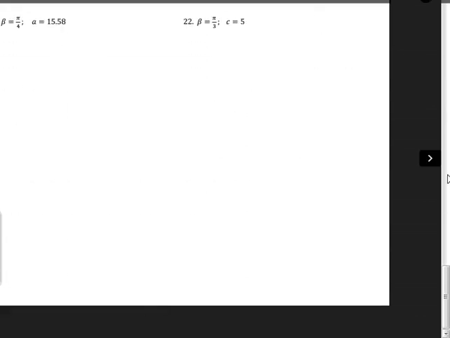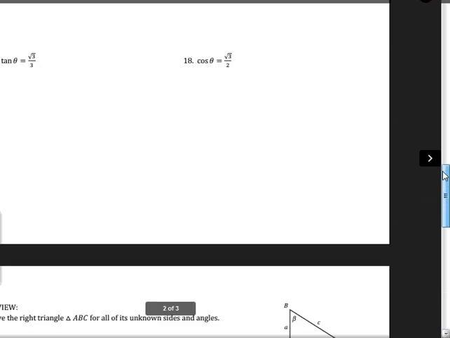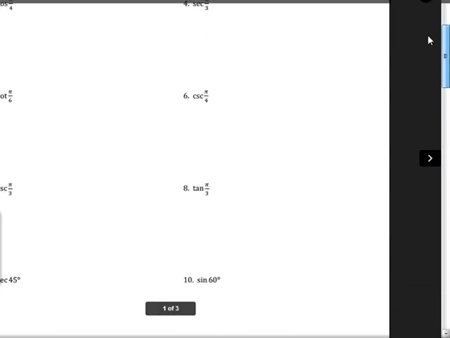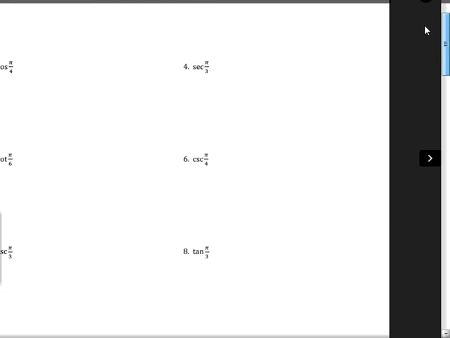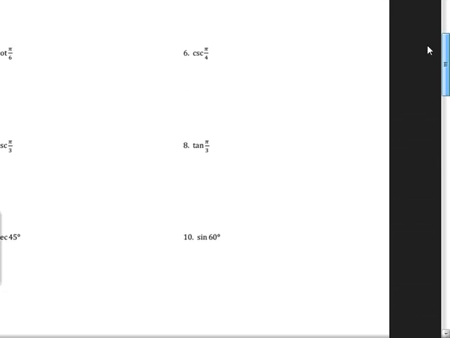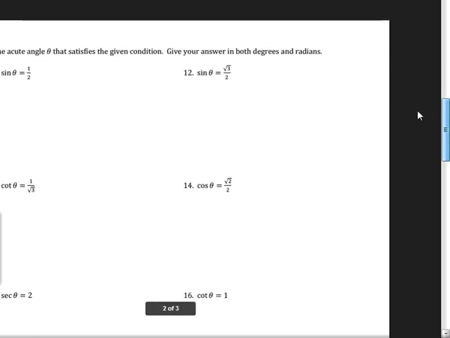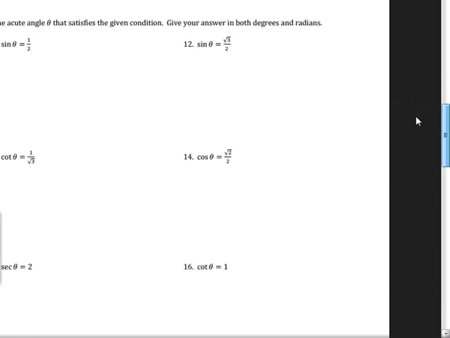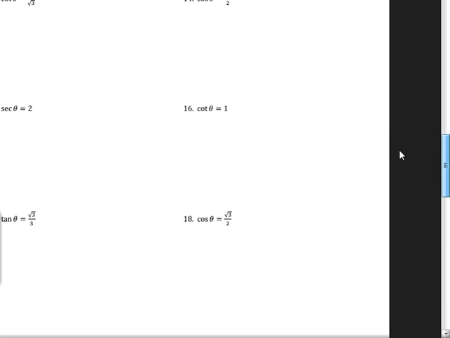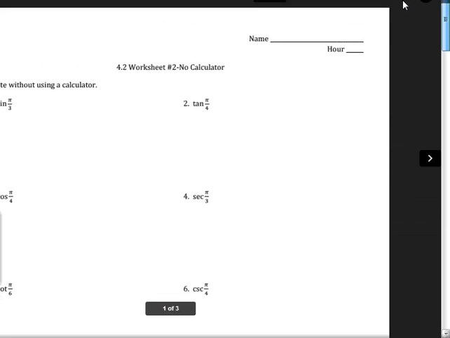There's a lot here, and I don't think we need that much practice on these, so we're going to skip some. I'll tell you right now, let's skip 8, 10, 12, and 14. Those can be skipped.